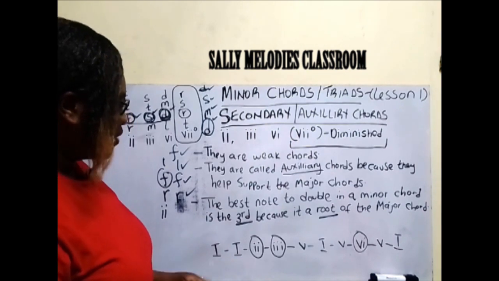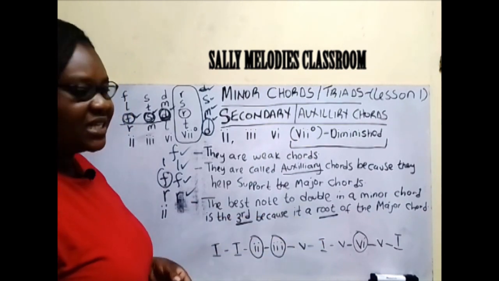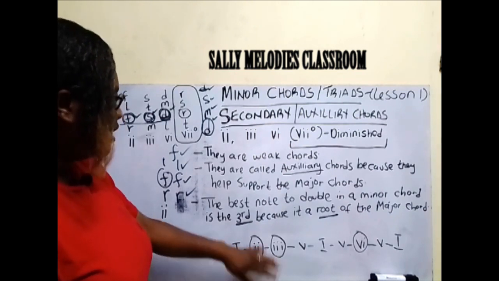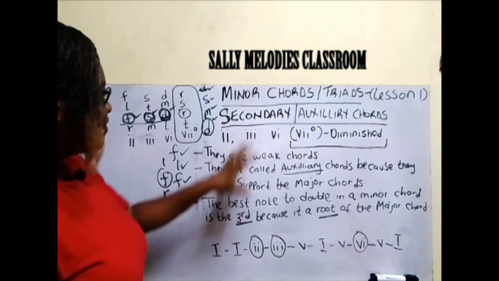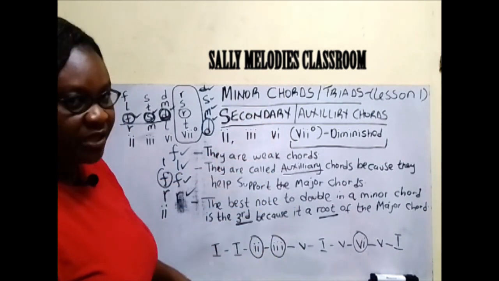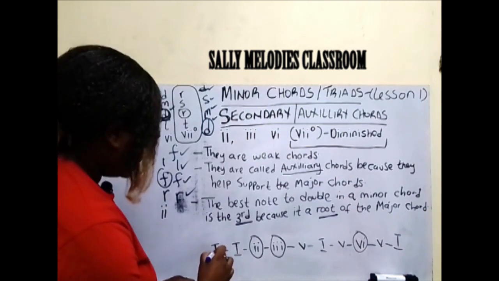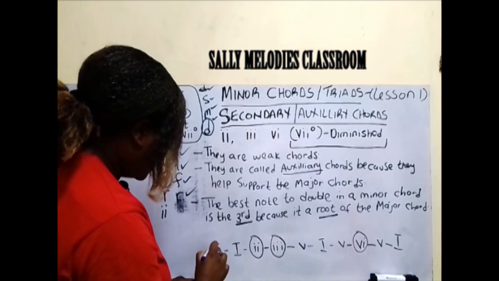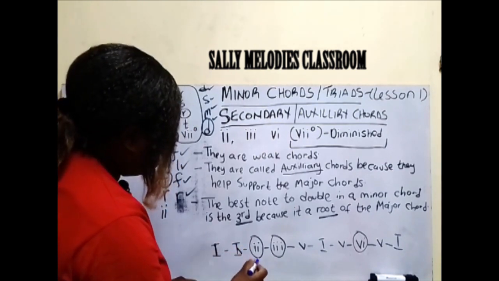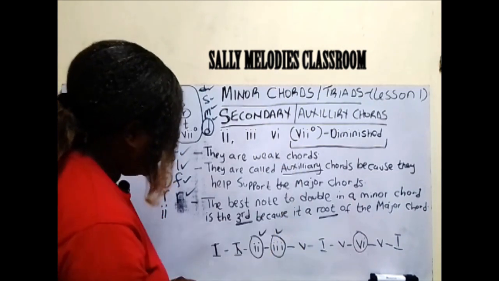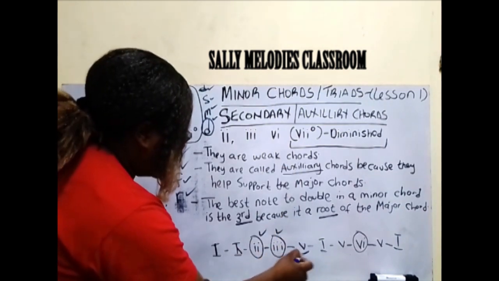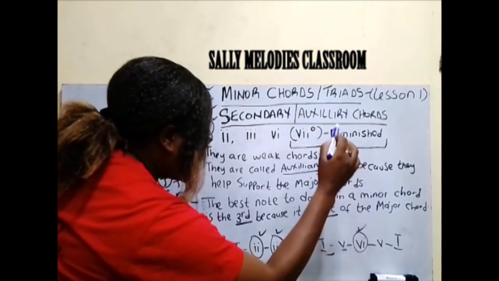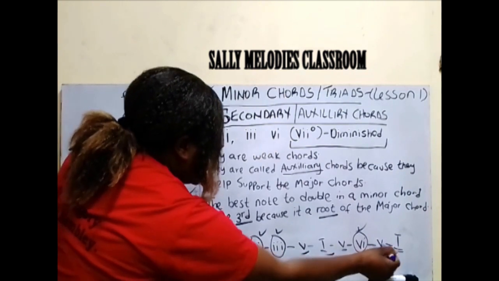And then down here, I have written a pattern, just a rough work. I was trying to explain this point whereby we say that these chords are there to support the major chords. Maybe this is your melody. You write chord 1 here, and then you write chord 2 and chord 3, and then you go back to a major, you write 5, you write 1, you write 5, and then you can go to a minor, you write 6, and then you go to a major and a major.